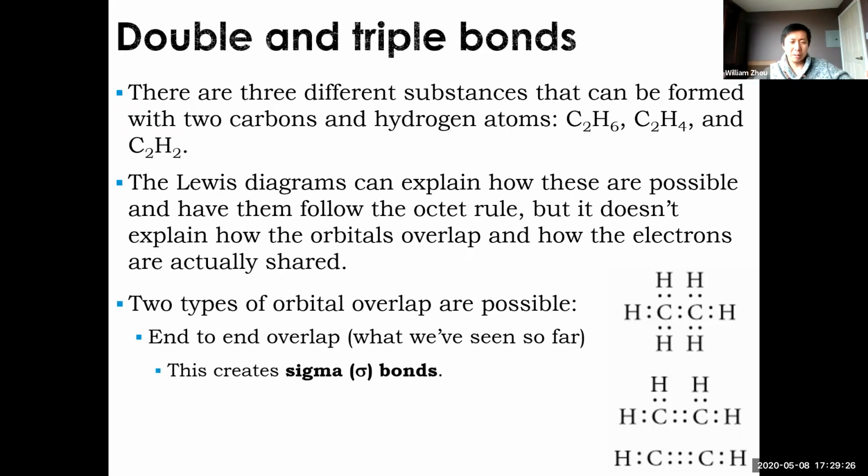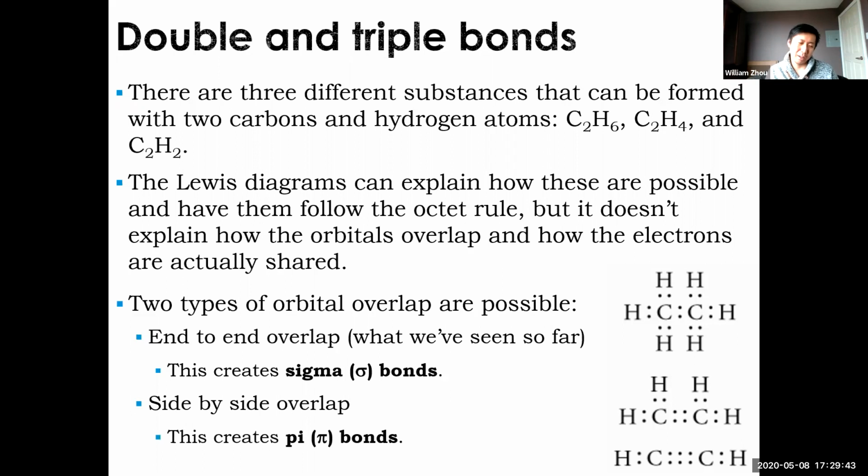The other type of orbital overlap is side to side, the Ariana Grande style. If they overlap side to side, we call these pi bonds. So you have either sigma, end-to-end, or pi bonds, side to side.